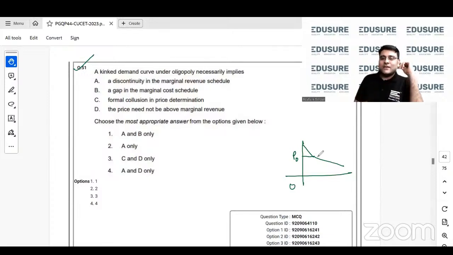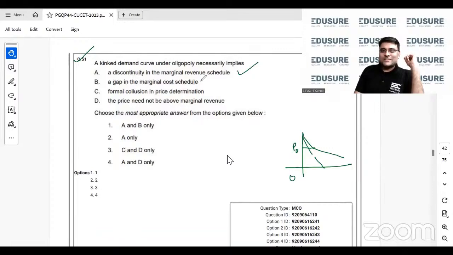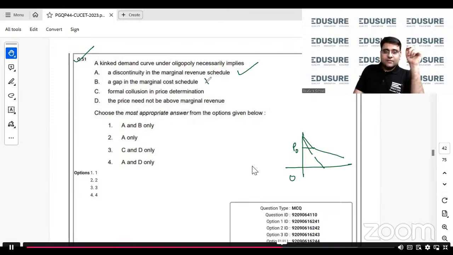So there is a kink in the model. And as soon as I get a kink or a disruption in the model, the marginal revenue curve becomes discontinuous. That is what happens. It has nothing to do with cost. The demand has nothing to do with the cost.